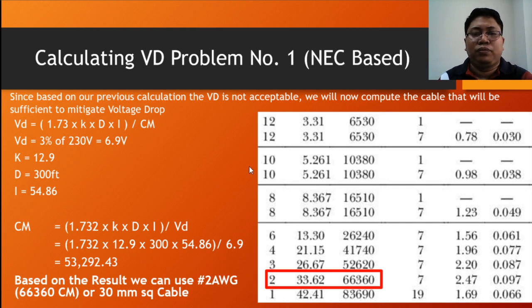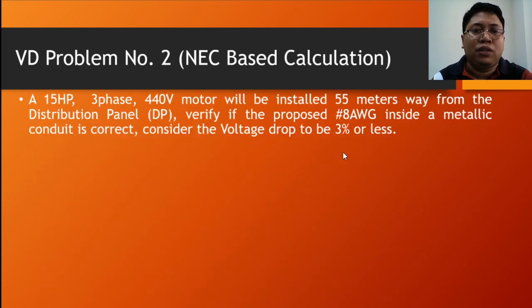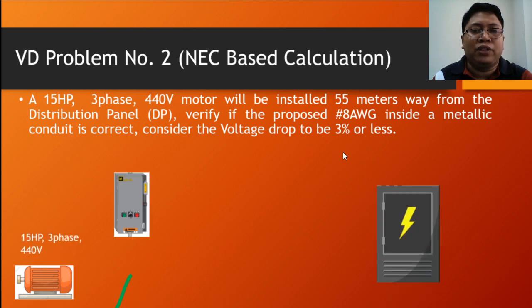Okay. Next. Okay, this one is the last problem. For problem number 2, using NEC formula. Same problem, a 15 horsepower 3-phase 440 volts motor will be installed 55 meters away from the distribution panel.